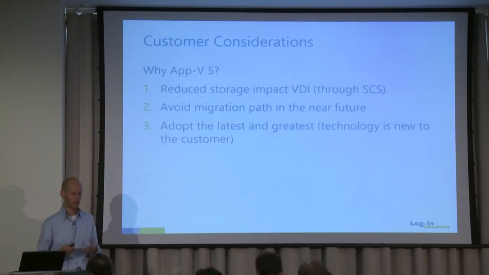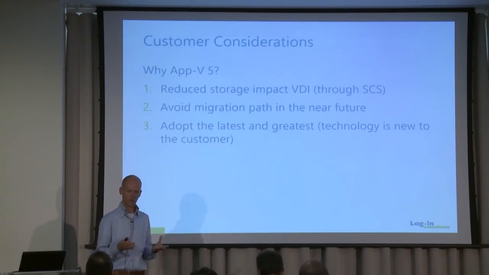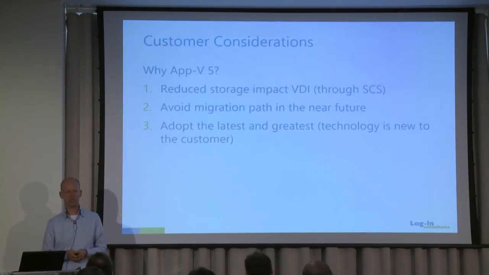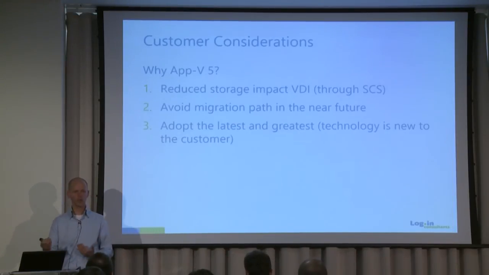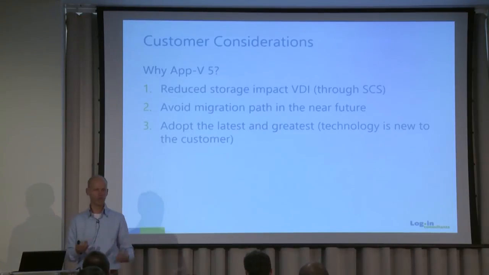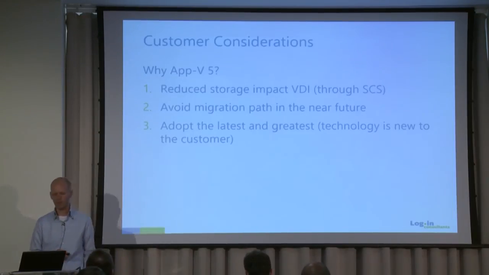Some of the metrics around that upgrade process, which I will discuss a little later, were already known to us. So there were challenges there, and it was easier for them to just adopt the latest and greatest. Sure, there would be challenges, but there would be challenges with 4.6 as well.